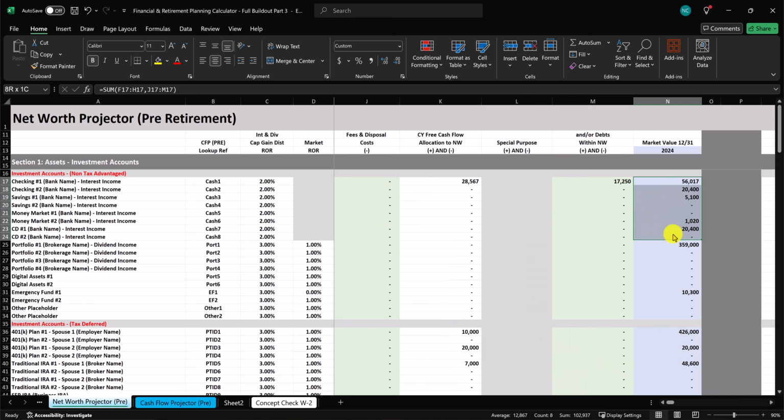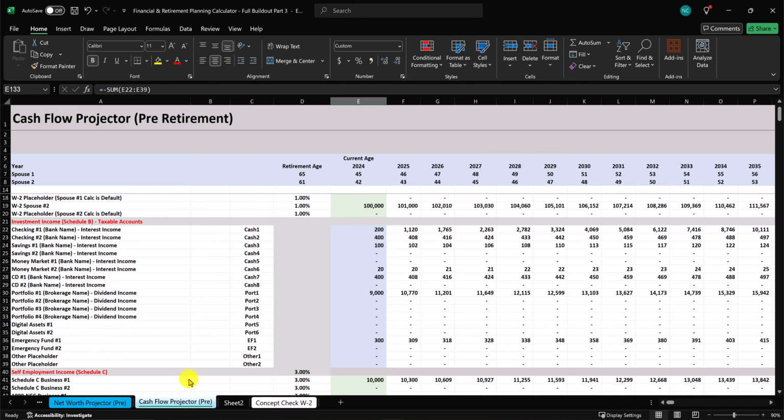This total net worth right here already includes that $10,420. But then if you recall back over here on the cash flow projector tab, we brought that $10,420 in right here so that it could be included in taxable income and ultimately be taxed.